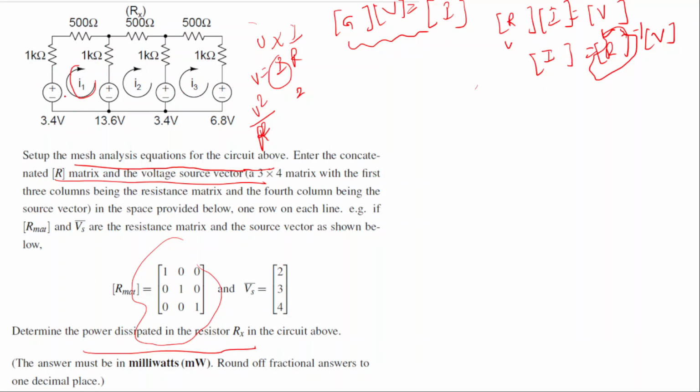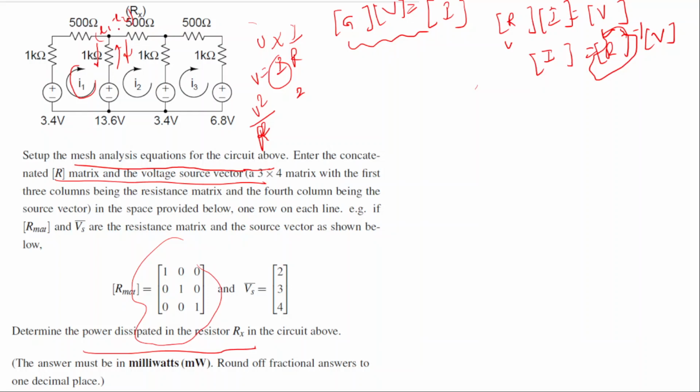Due to this mesh, I1 flows in this direction, and the current due to this mesh flows in the opposite direction. So the net current in this resistor is I1 minus I2 in the downward direction. If you take the upward direction as reference, you can take I2 minus I1 also.